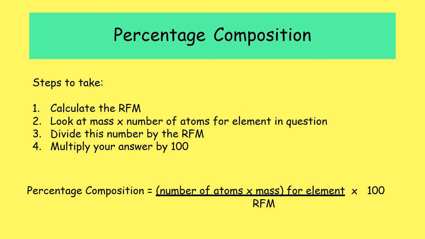You'll then be asked about one element. You look at just that element in question and find out, after you've done the multiplication step, what the total mass coming from that element is. You divide that number by the relative formula mass or gram formula mass and multiply it by 100. Again, it sounds more complicated when described in words than when you see it done in action.